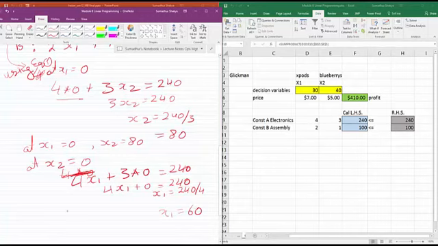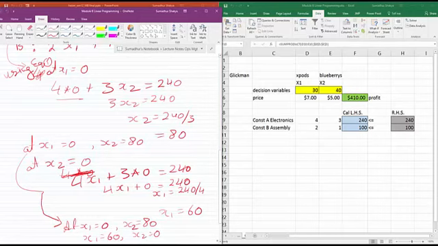Okay, so let's bring these two pieces of information together. At x1 equals 0, x2 was 80, and x1 equals 60 when x2 equals 0.